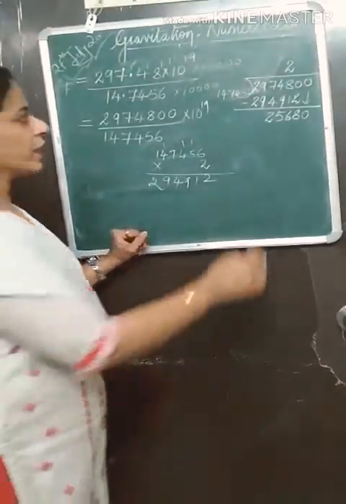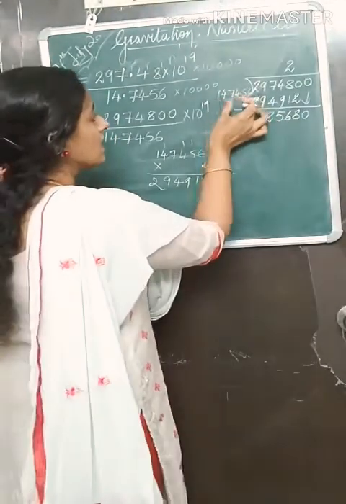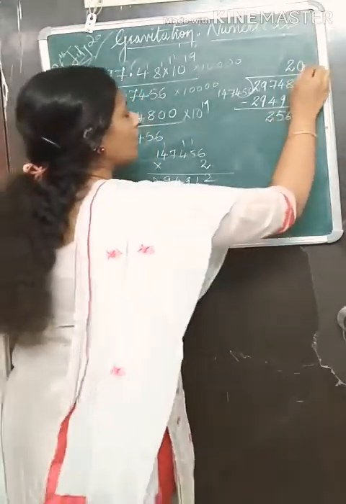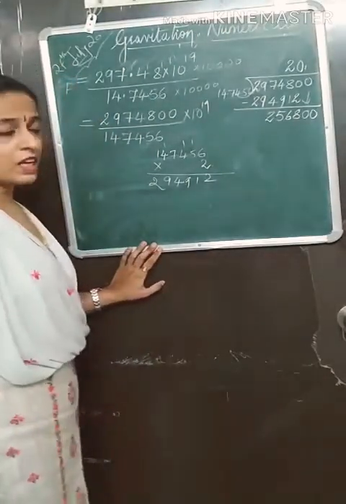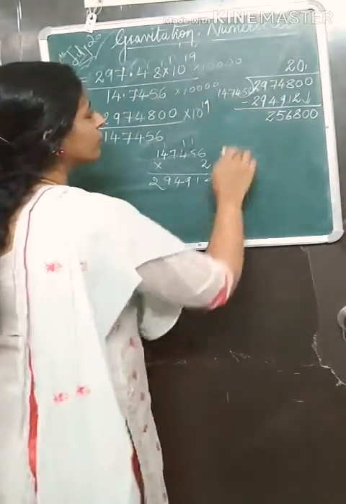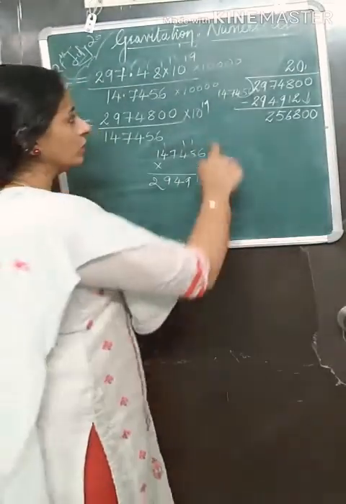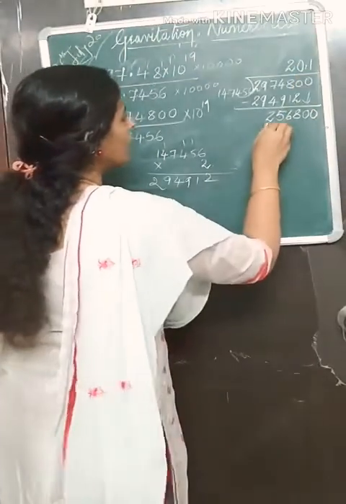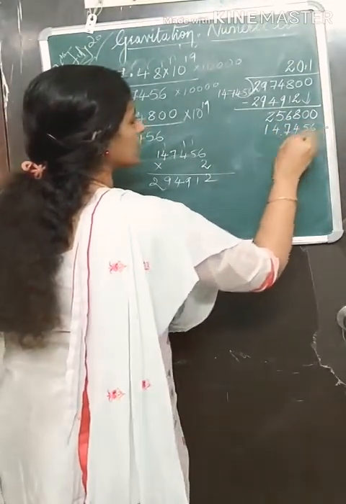We have only 5 digits, but the divisor is 6 digits. Okay, so I have to put a 0, point, and then one more 0 I'll put. Okay, so now we can try 1, 4, 7, 4, 5, 6. Ones only we will have to take, no, because 2s is 2, 9, 4, 9, 1, 2. So ones are 1, 4, 7, 4, 5, 6.